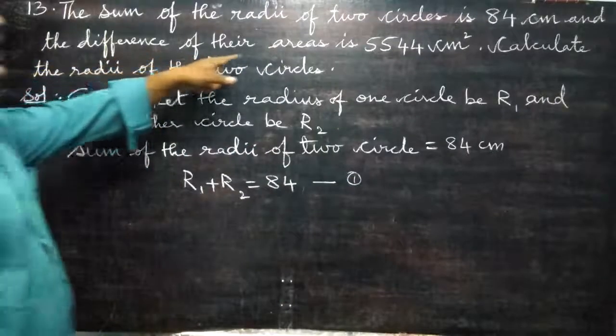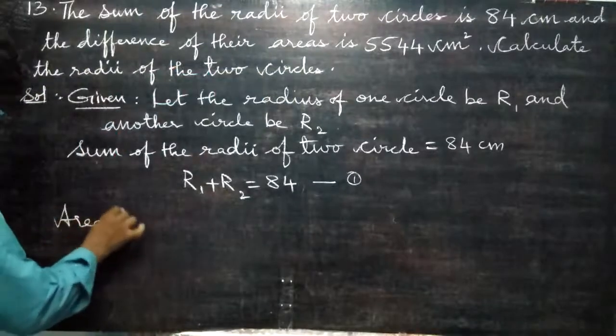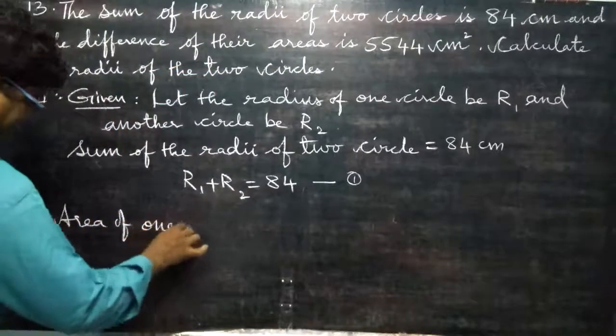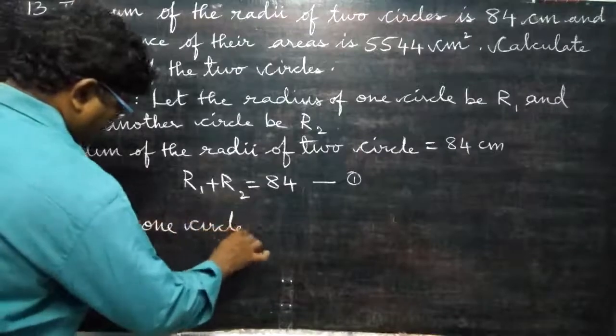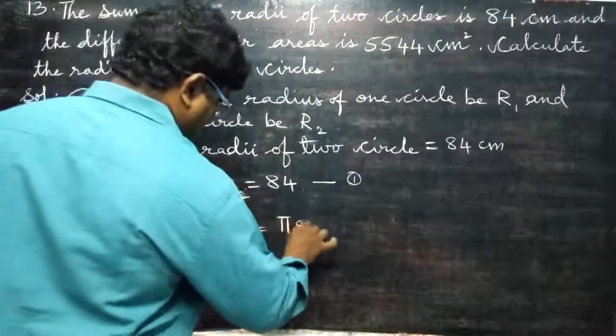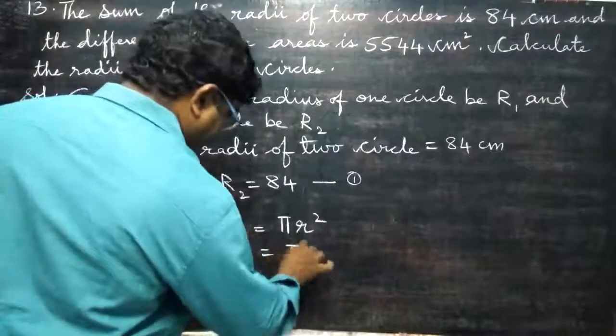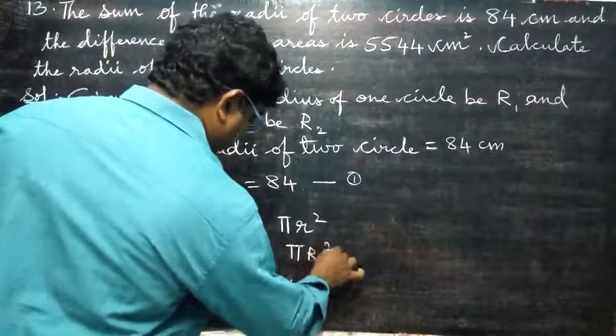The difference of their areas. So now we have to find the area of one circle. That is equal to, we know the formula, pi r square. One circle radius, what we thought, means pi capital R1 square.